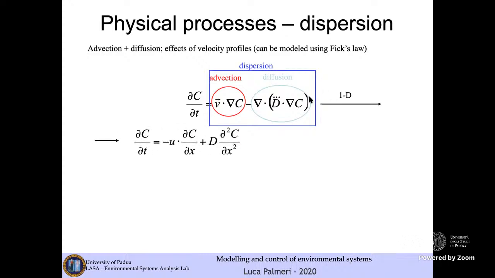Let's see what happens in 1D, because in 3D the solution becomes quite complicated, and also to draw the curves. In one dimension, you obtain that the variation in time of concentration is equal to minus the speed of flow u, multiplied, and this is a scalar product because u is a vector, by the gradient of concentration along the direction x, plus a diffusion coefficient multiplied by the second order derivative in concentration.